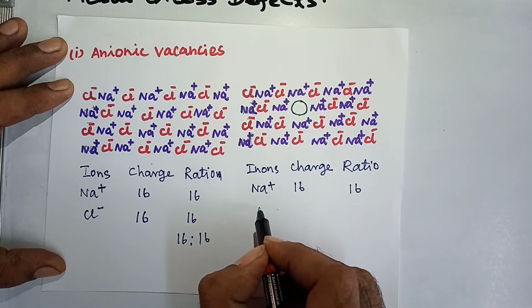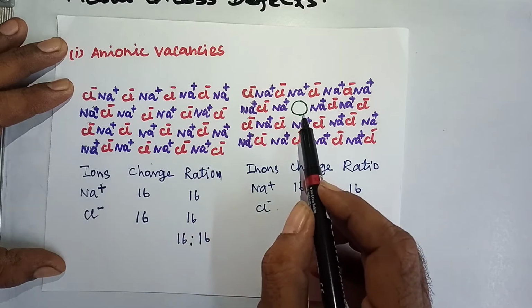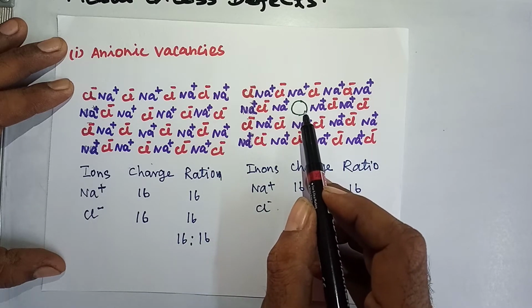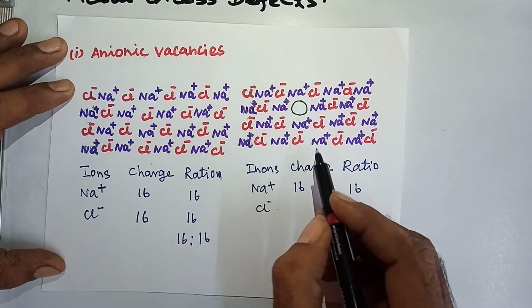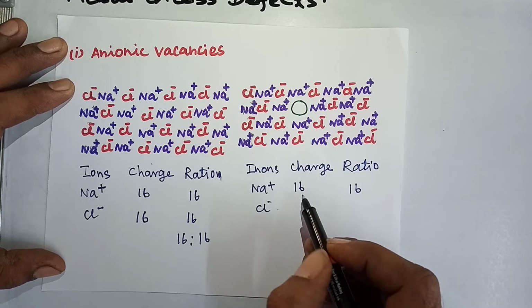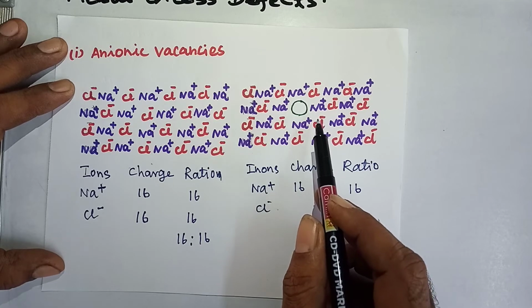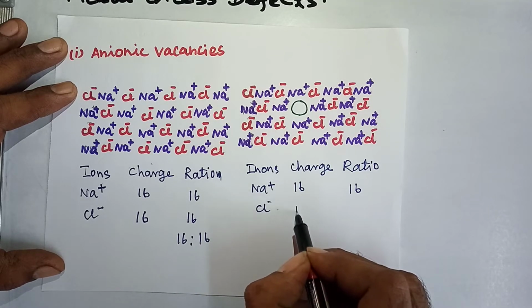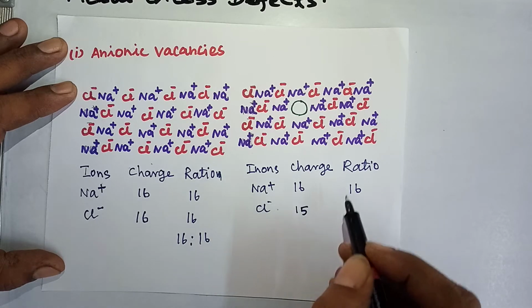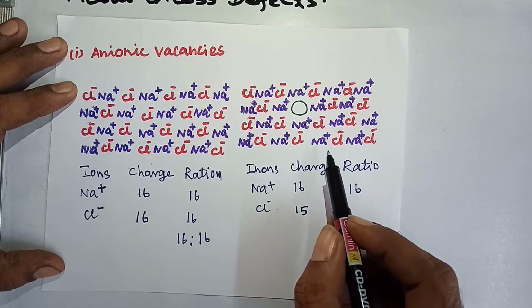And the number of chloride ions: one chloride ion is missing, diffused to the surface of the sodium chloride crystal. So the number of chloride ions is 15.